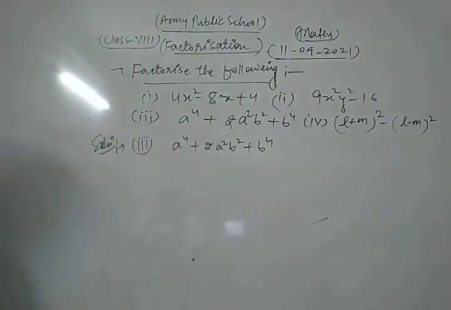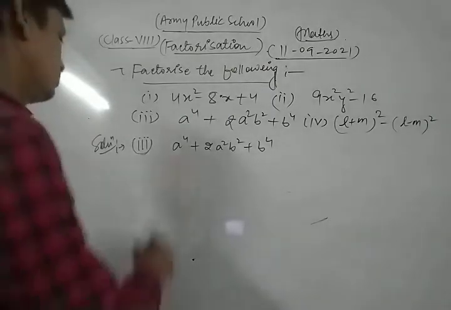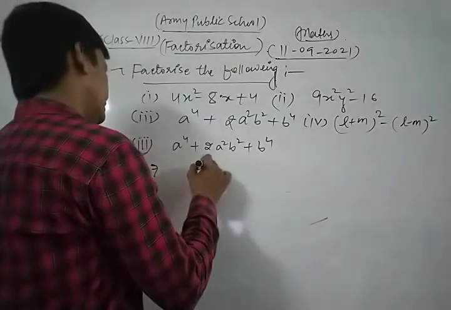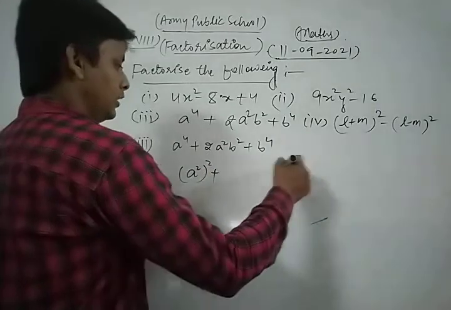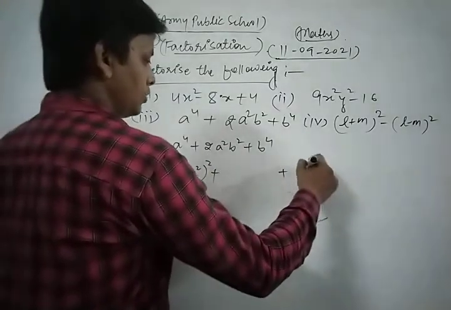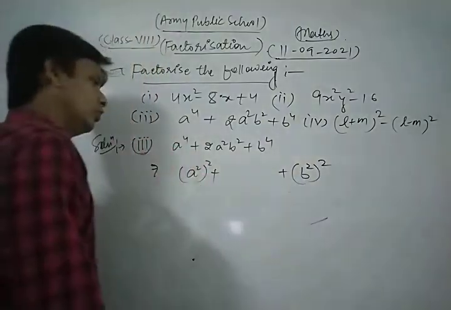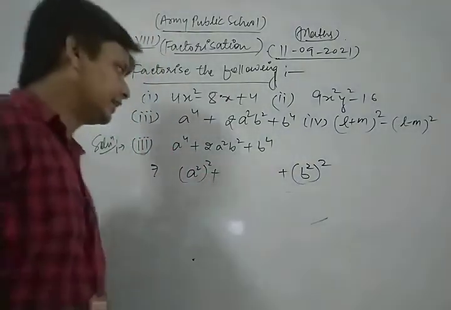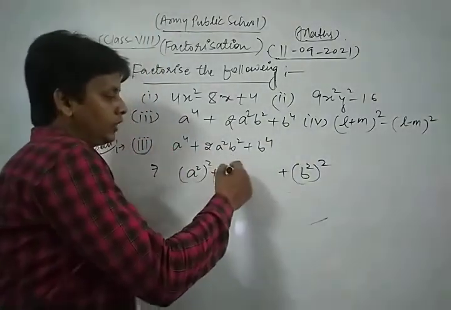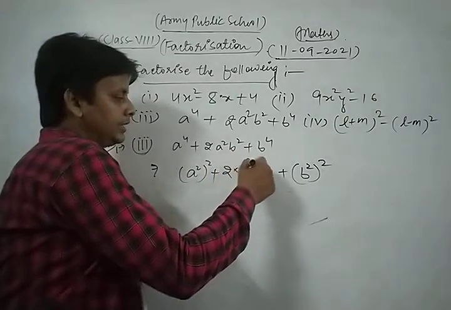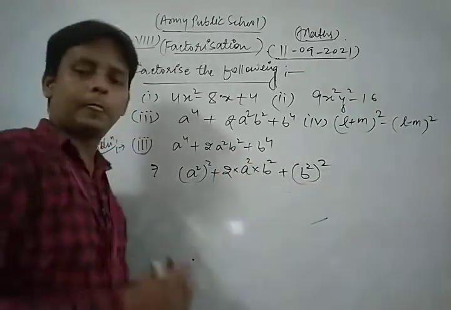Look, dear friends, we can write this question in this way: (a square) whole square plus, we can write b power 4 as (b square) whole square, plus 2 into a square into b square.